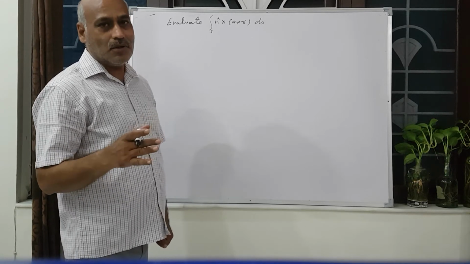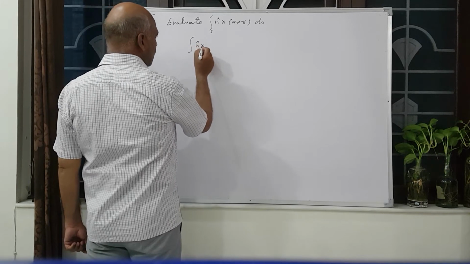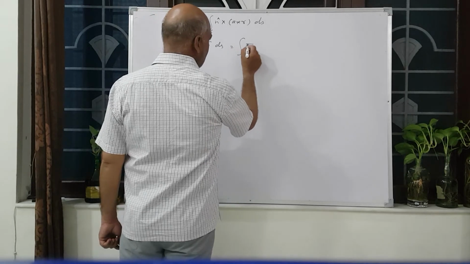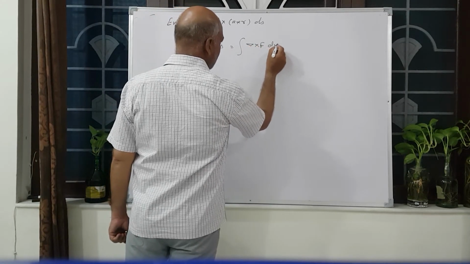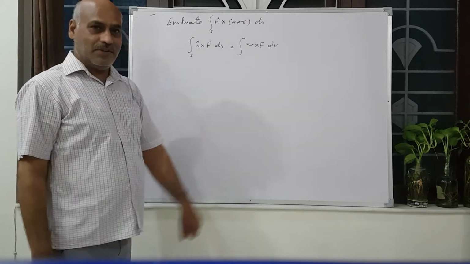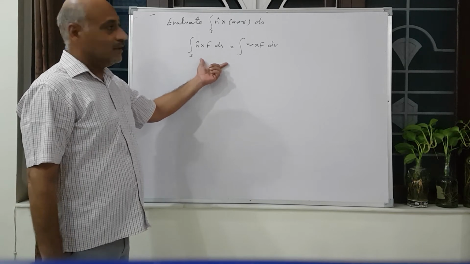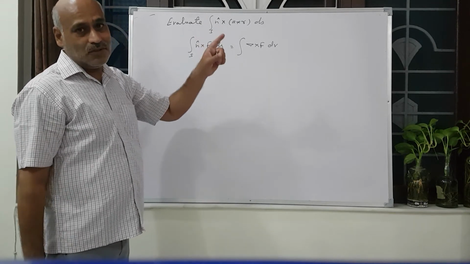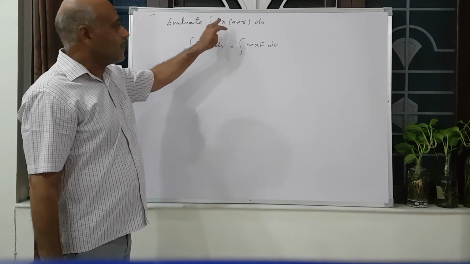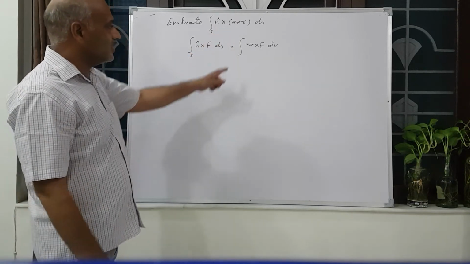Or n cap cross F ds equals del cross F dV. You have to evaluate this one, del cross F. We will use this formula here. Here cross, and we will not use divergence F. This is very important; you have to first look at this one. Cross means vector multiplication. Now del cross F.